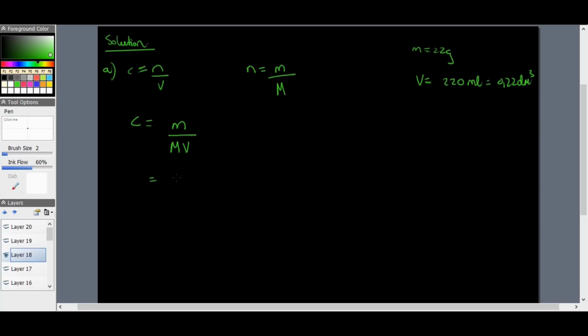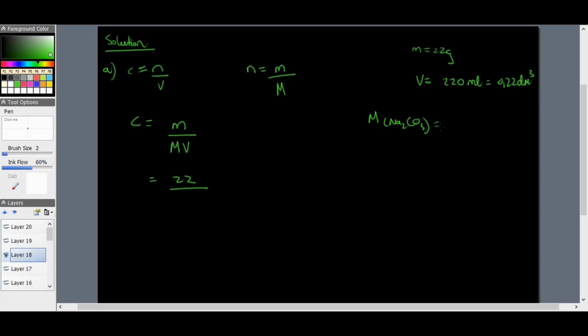You substitute in 22 for the mass, divided by the molar mass. So we know that washing soda is Na2CO3.